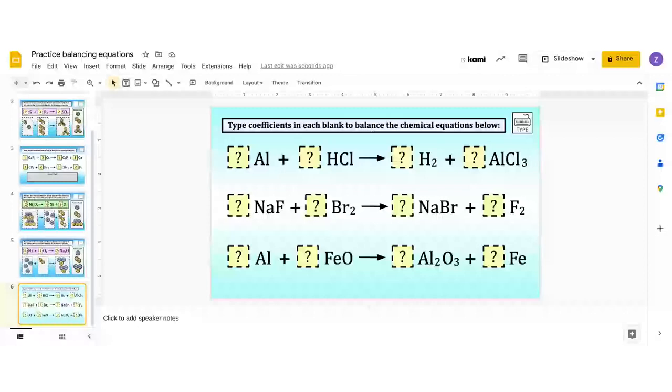The problem with the Cl is it's attached to the H, and the Cl is a 3, and the H2s on the other side are in pairs. So let's see if this works out.